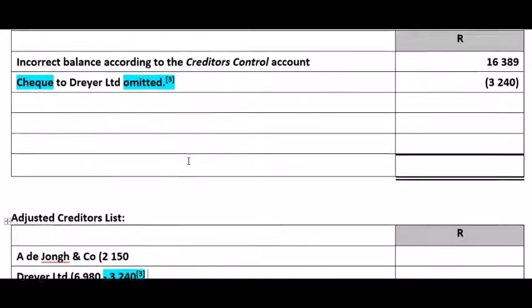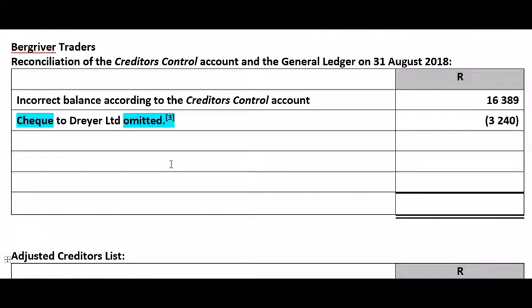But that's not the end of the adjustment. They said we also received some discount. Okay, so now in the control account, we have to go and record the discount because it wasn't recorded at all. So you say discount received from Dreyer Limited, omitted, and you have to write the creditor's name. Okay, omitted means it wasn't recorded at all. And discount will decrease the total value that we owe creditors.